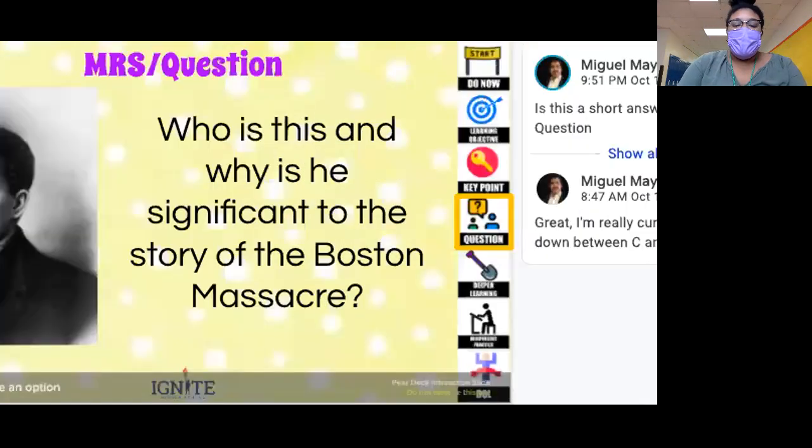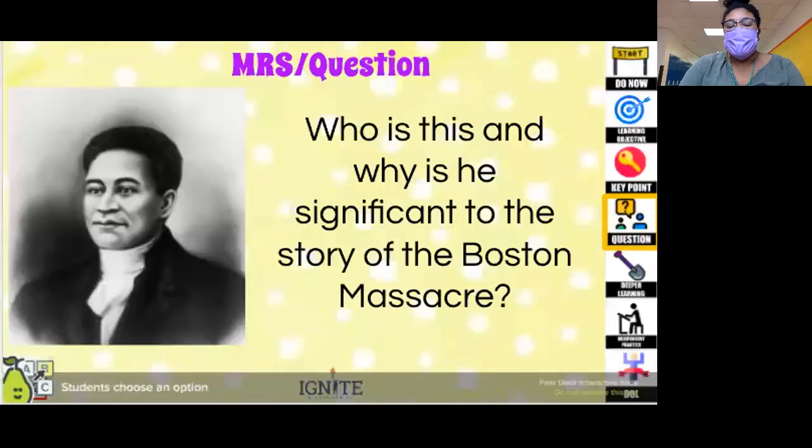Here is your question. Who is this and why is he significant to the Boston Massacre? Okay, the answer should be, this is Crispus Attucks, and he is significant because he was the first person to die, and he is considered the first person to die for the cause in the American Revolution.